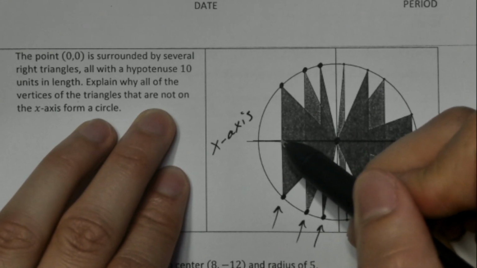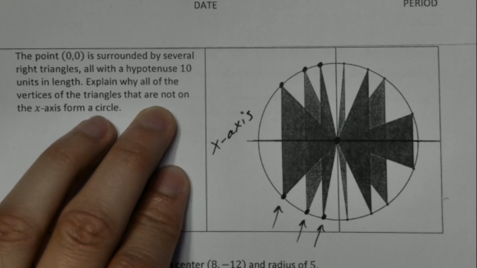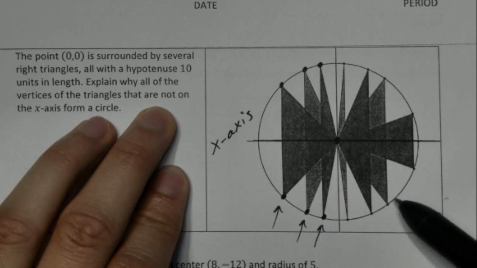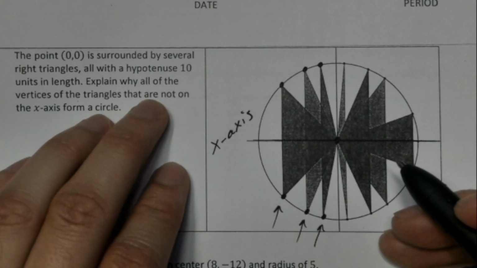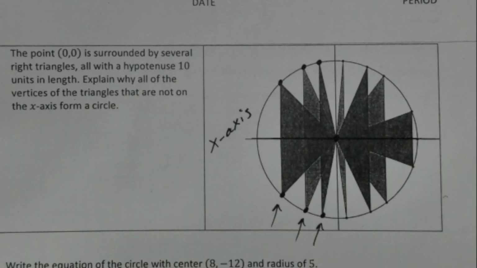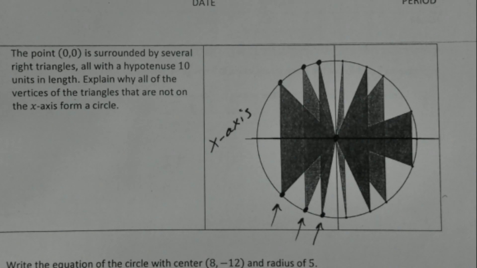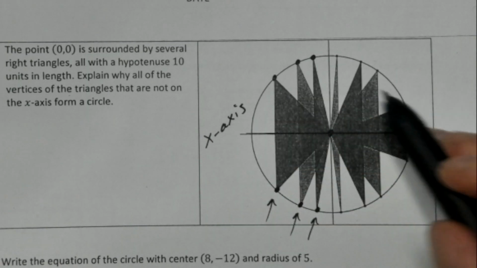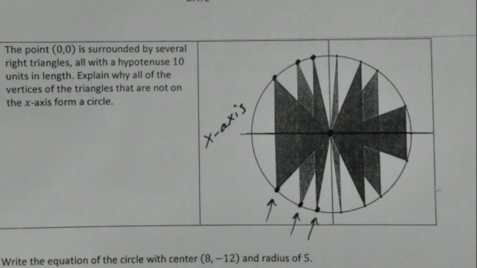So you're looking for the only vertex that's not on the x-axis, and the only vertex not on the x-axis, well, it's these points. Okay, so explain why all of the vertices of the triangles that are not on the x-axis form a circle. So technically it's talking about these points, explain why all of these points make a circle.